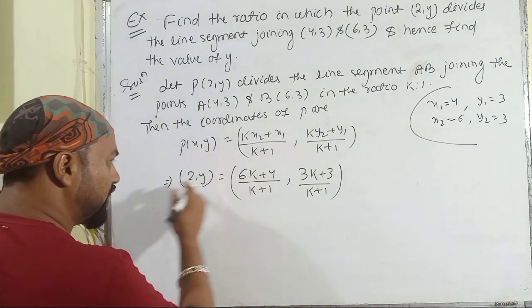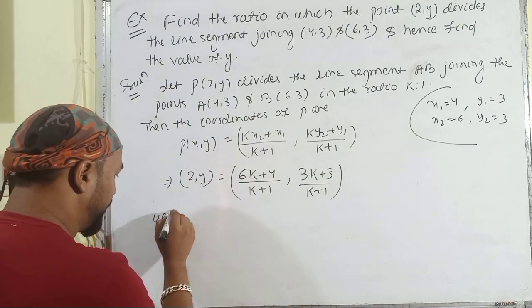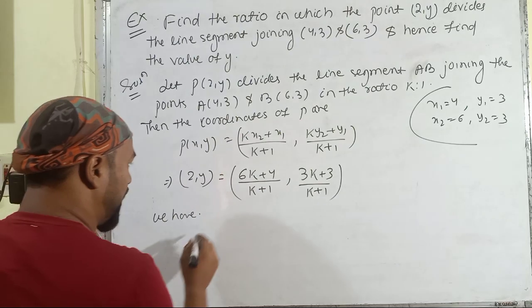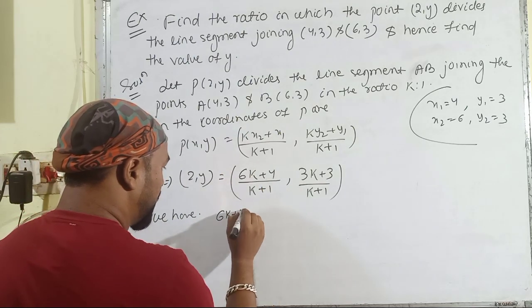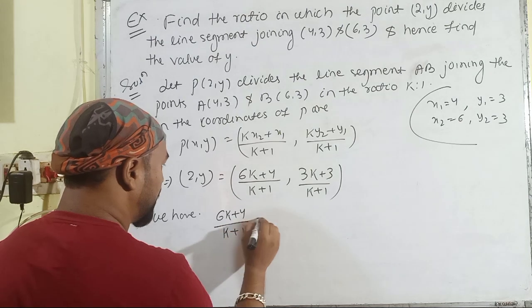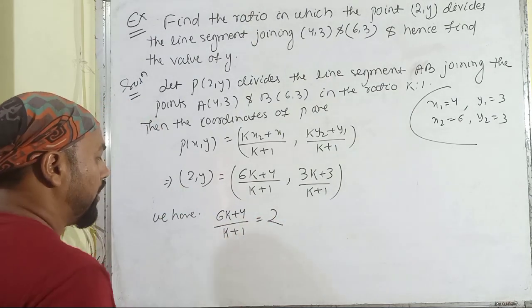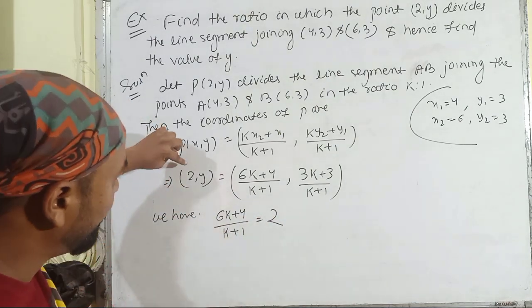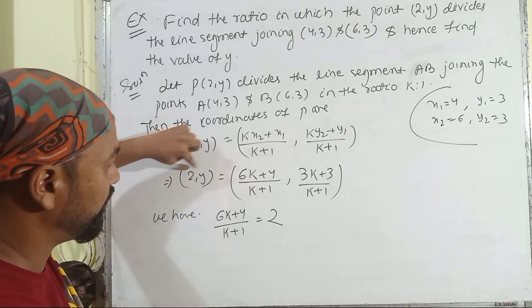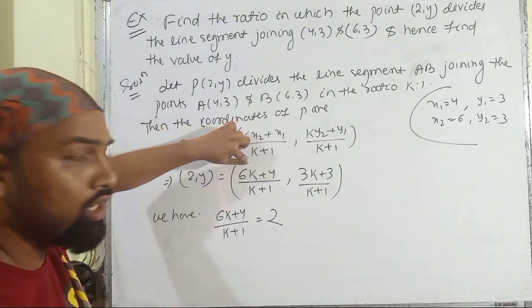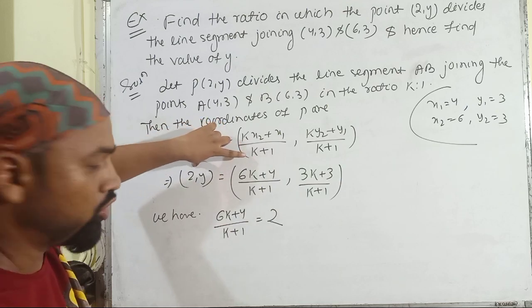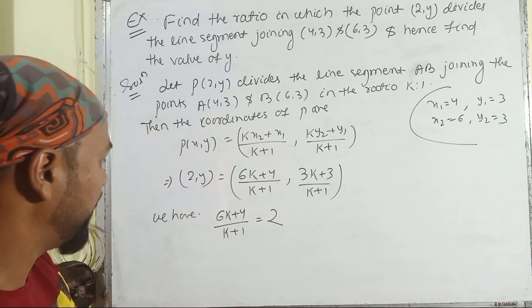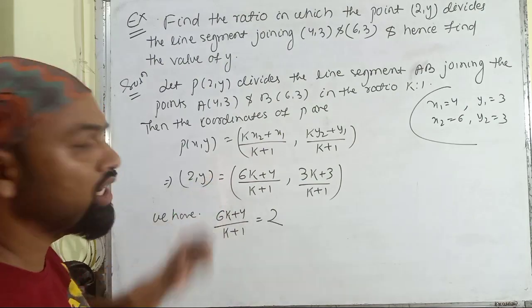So comparing these two ordered pairs, we have (6k plus 4) divided by (k plus 1) is equal to 2. We have to compare the first elements of both the ordered pairs, because y is a variable here.